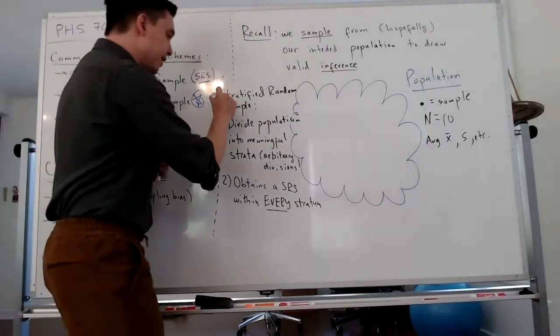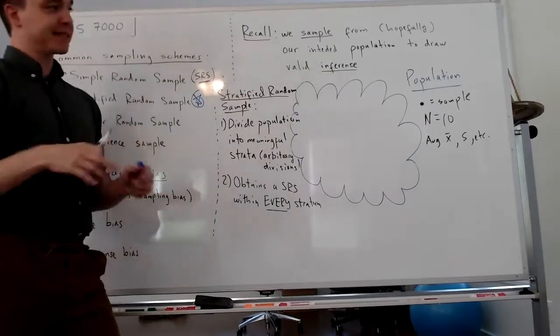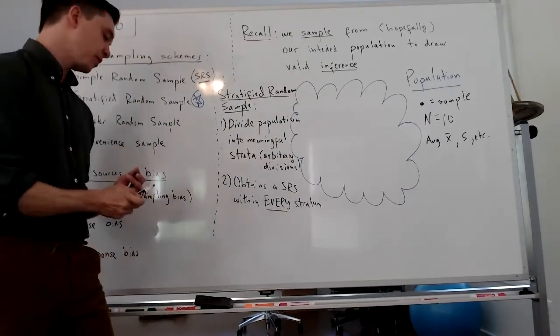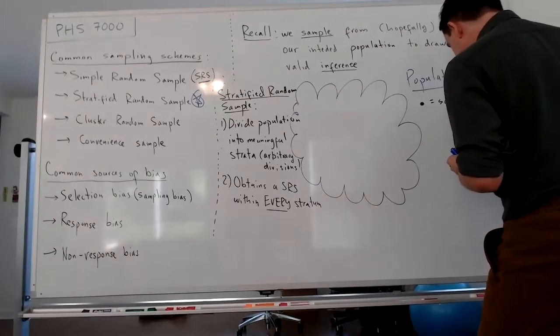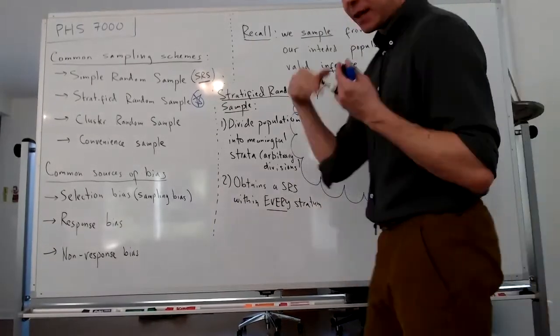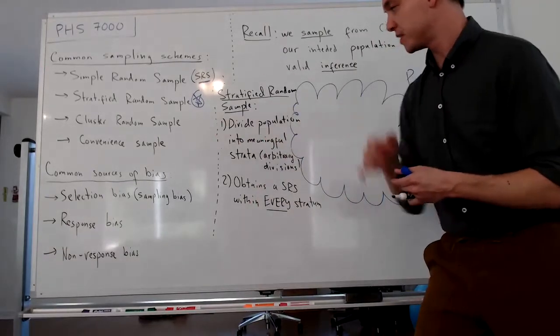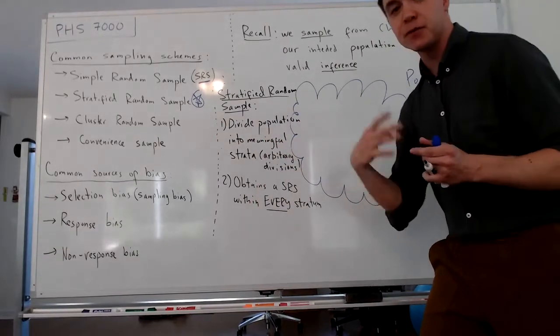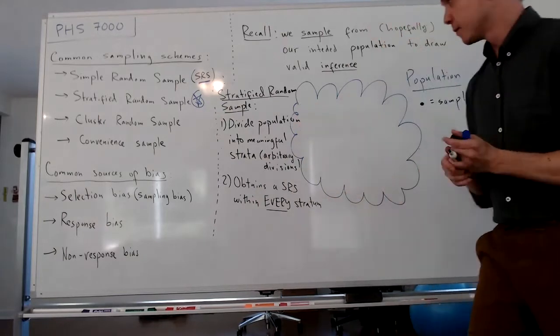So with a stratified random sample, we first think about, okay, I have this complicated population. I want to make sure that my sample is as representative of this population as possible. And so I'm going to first divide my population into meaningful strata, meaningful to your specific study.